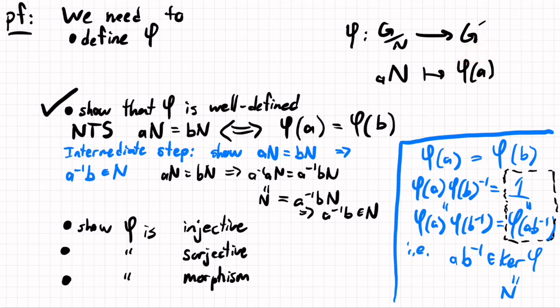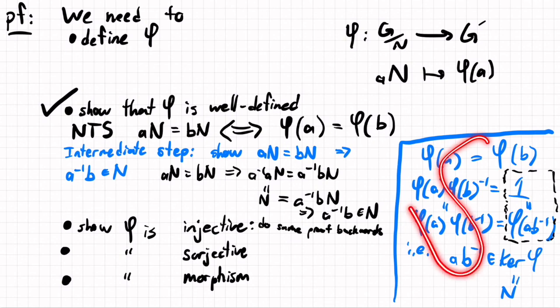So that will show that phi is injective. So we just need to do the same proof backwards. And if this doesn't make as much sense, I encourage you to try to do this out on your own.